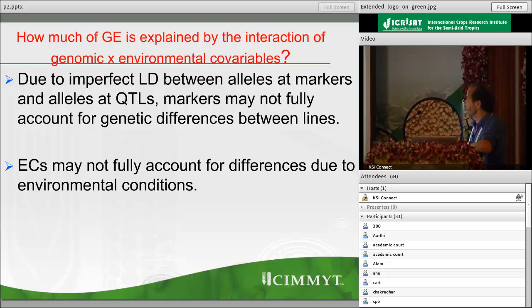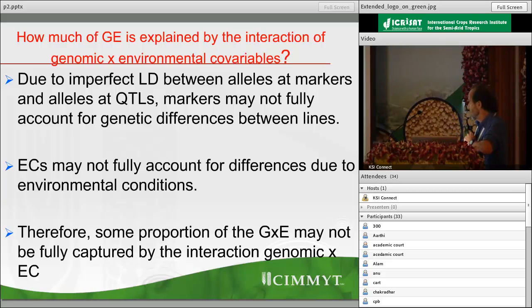Therefore, we might not expect much explanation of the G by E using genomics and environmental covariables. We have done this in several trials in maize and wheat, and we can explain the G by E not more than up to 10 or 15% using genomic markers and environmental covariables.